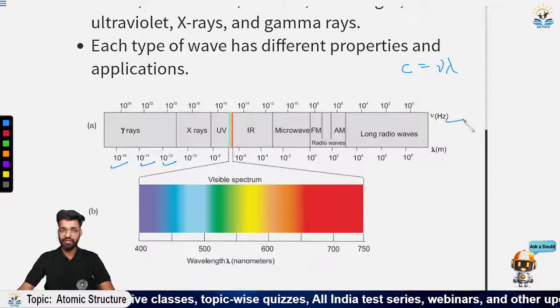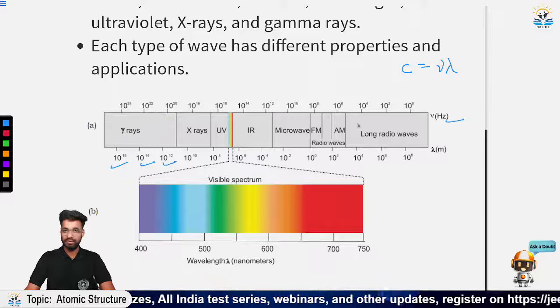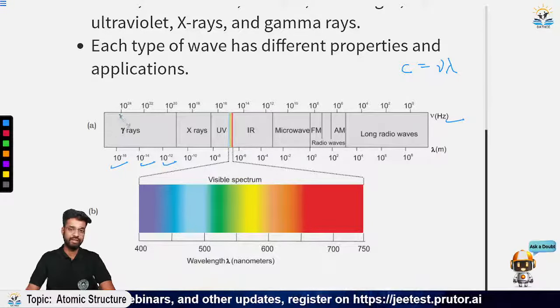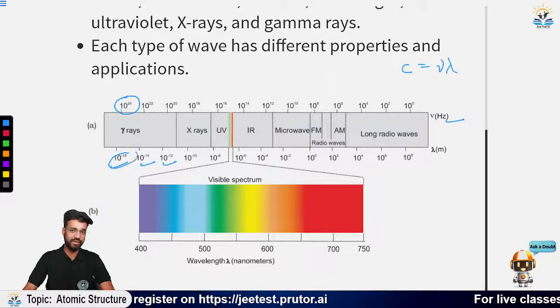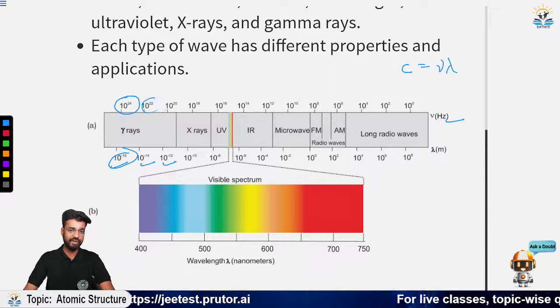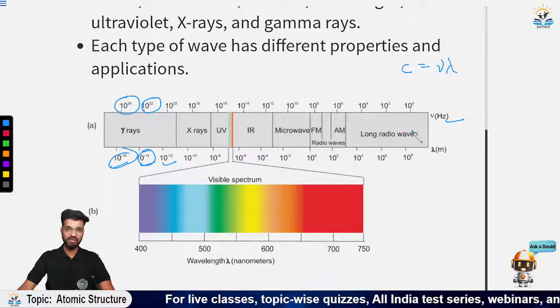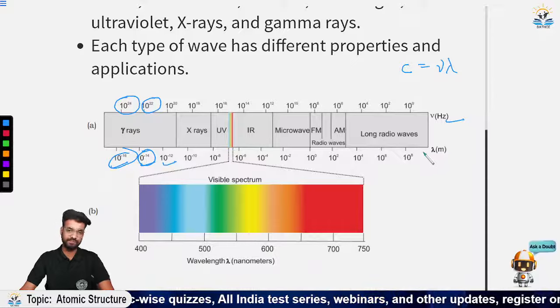And if you see the frequency, it is increasing in the opposite direction. So it shows that wavelength and frequency are in inverse relation. For 10 to the power 24 it is 10 to the power minus 16, but if we decrease the frequency to 10 to the power 22, then the wavelength increases to 10 to the power minus 14. So we can see from this chart also that frequency and lambda are inversely proportional.